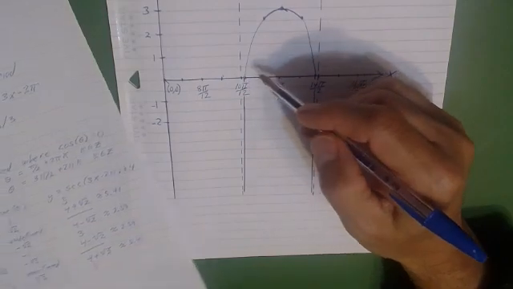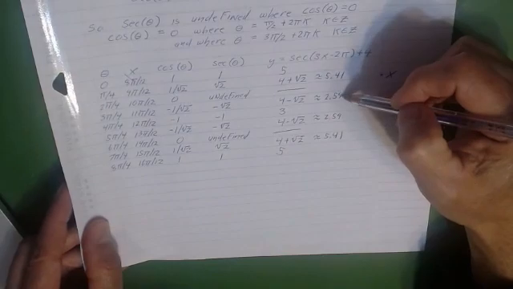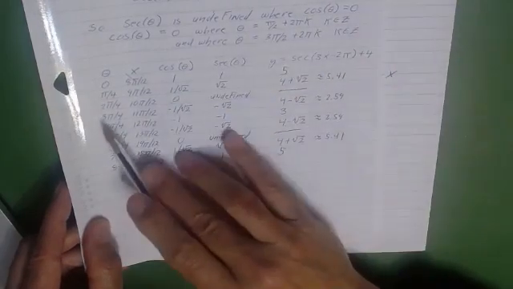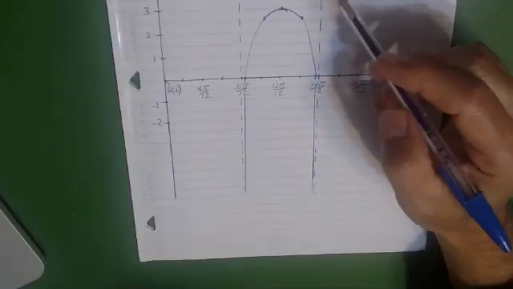And so the next point after this undefined is 2.59. Okay, so that's x equals 3 pi over 4, y is 2.59.